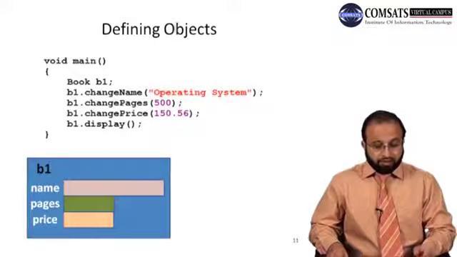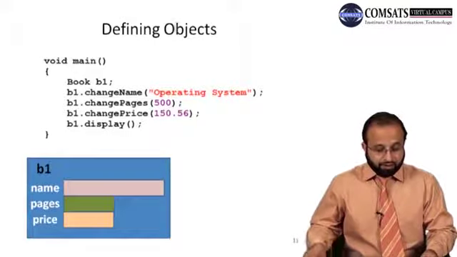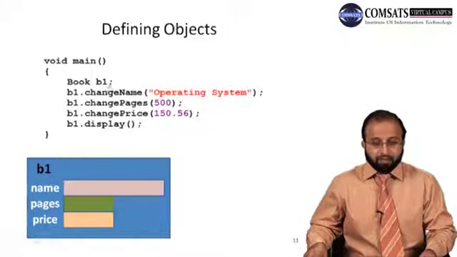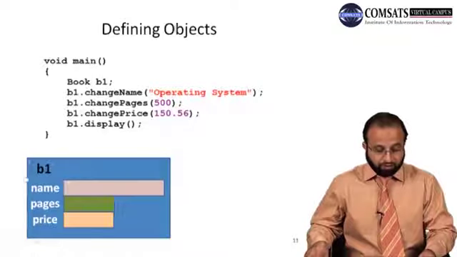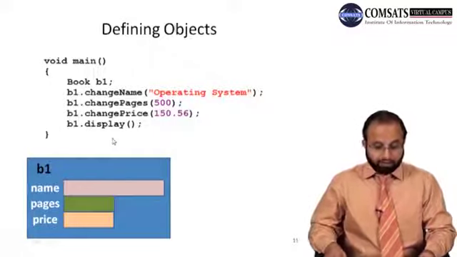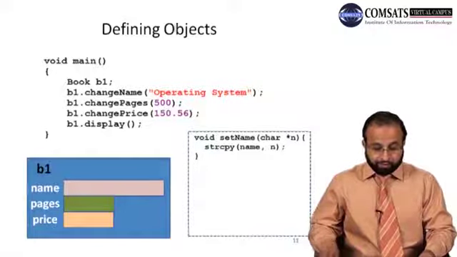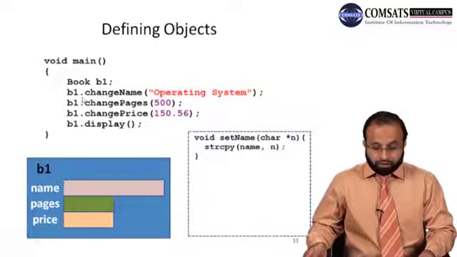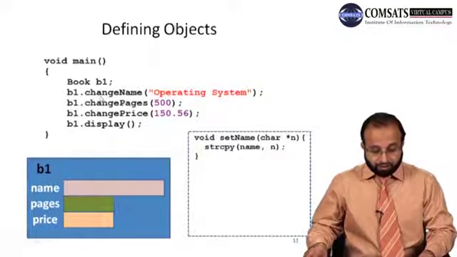So let's see step by step what happens. When the first line, book b1 semicolon, is executed, the memory is allocated for that object. It has three data members: a string, space for the pages, and space for the price. Then when the next line is executed, b1 dot change name, this is actually set name.